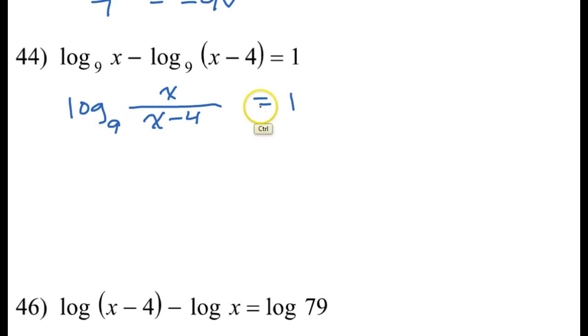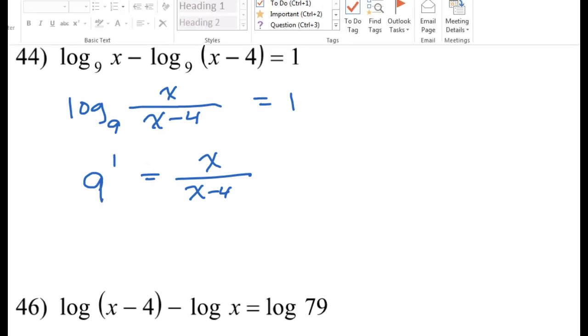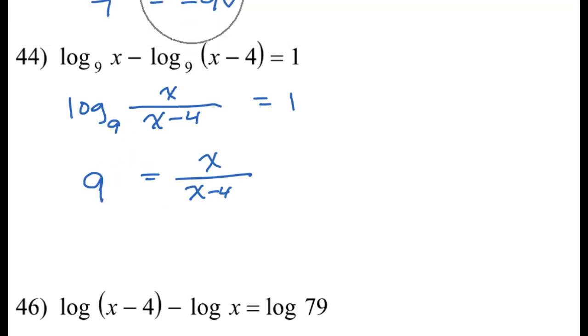Now it's time to rewrite this in exponential form. So I'm going to start with the base, and then everything else is going to switch sides. The 1 is going to come over here as the exponent, and the fraction is going to come to the other side, x over x minus 4. Now, of course, 9 to the 1 power is just 9. So I'm going to immediately erase this 1.